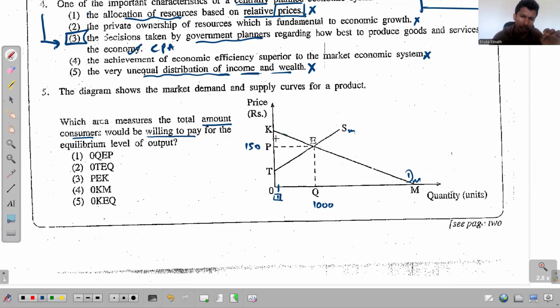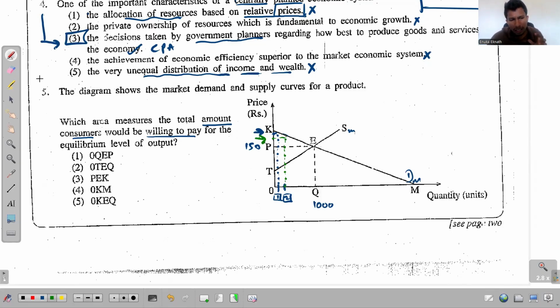That is presented by this demand curve. To purchase this very first unit, the consumer is ready to pay a price of this much. And to purchase the second unit in the market, the consumer is ready to pay a price of this much.